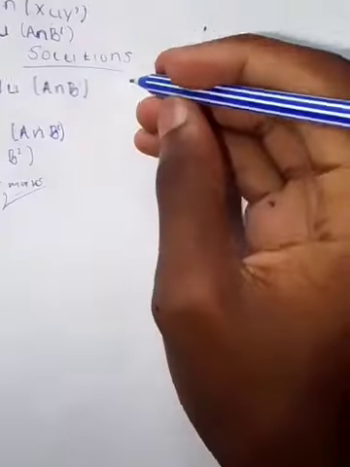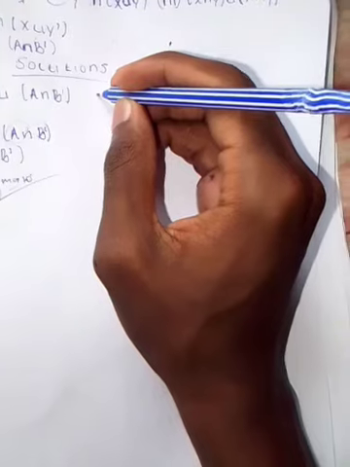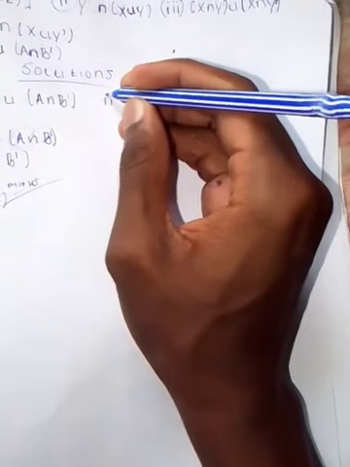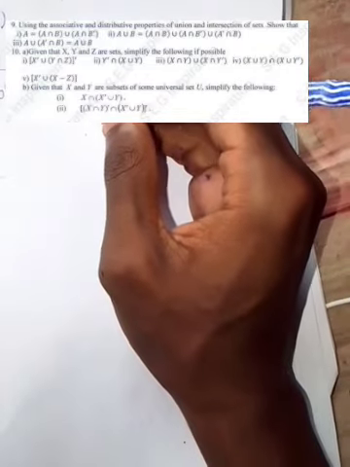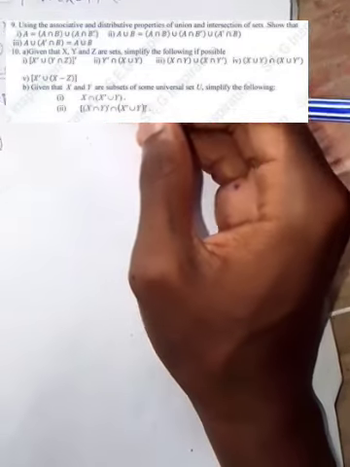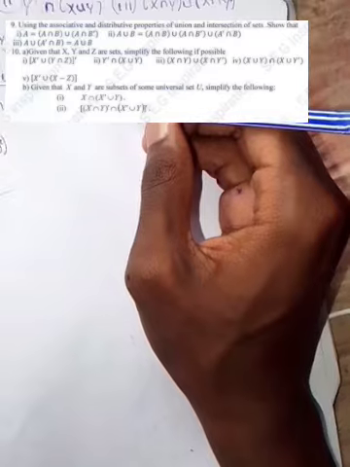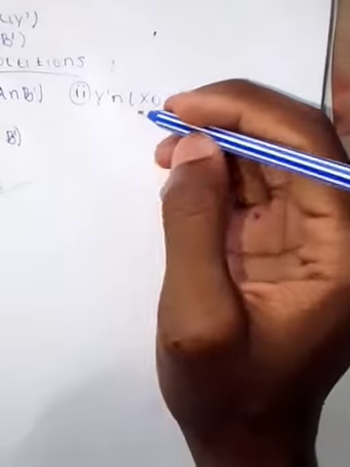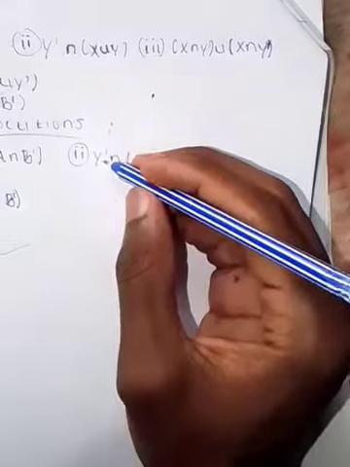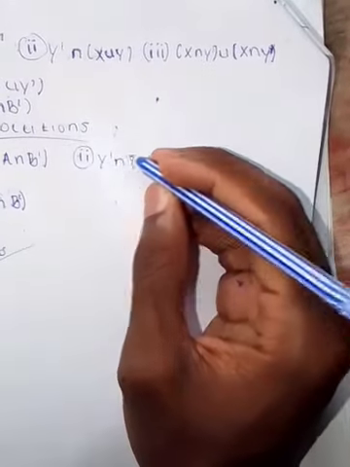Okay, so now let us solve the next question. Question 2. We've been given y complement intersected with x union y. Okay, so now again we are going to expand them since they are different and these are opposite.